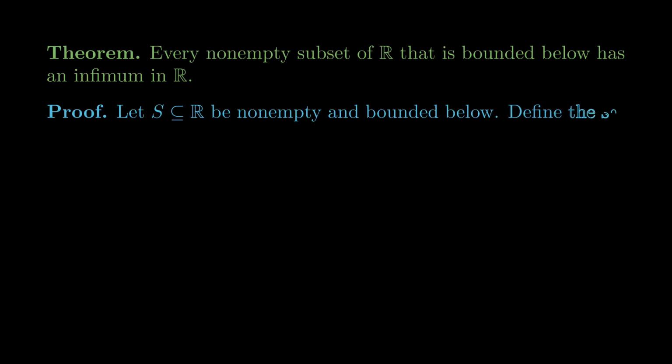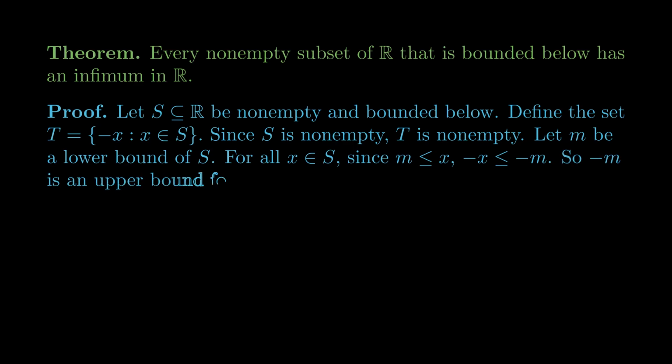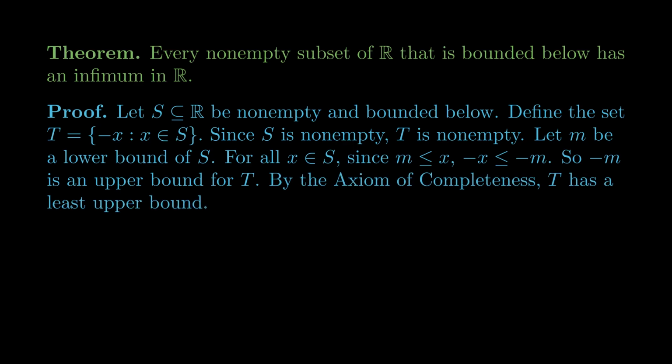Let's define a new set, call it T, to be the set of negative x for each x in S. Now since S was non-empty, T is non-empty, and since S was bounded below, say by some real number m, now negative m will be an upper bound for T. Because for all x in S, since m is less than or equal to x, negative x is less than or equal to negative m, so negative m is an upper bound for T. And since we have a set T that's non-empty and has an upper bound, by the axiom of completeness, the set has a least upper bound. And so let's let s represent the sup of T.